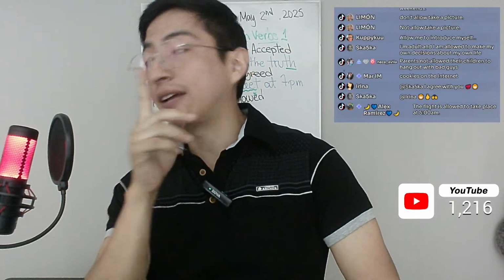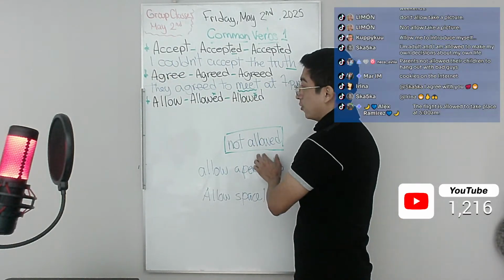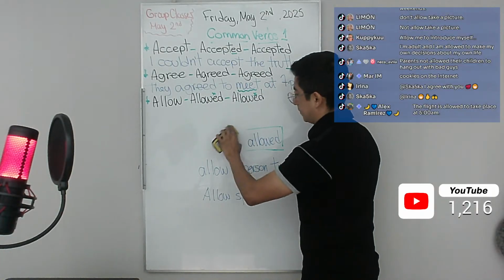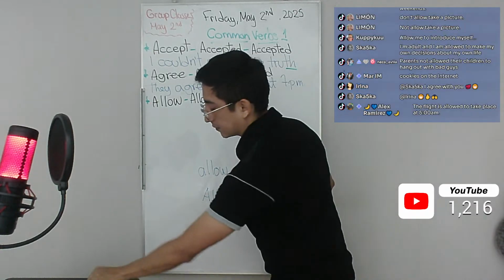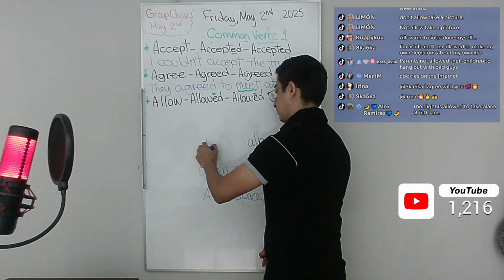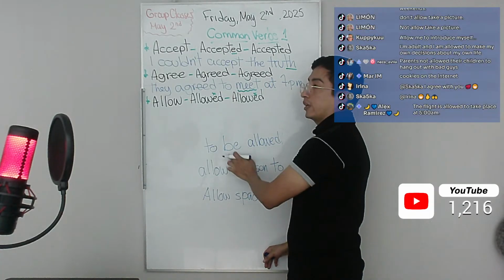Very good. Remember, guys, that when you use allowed, let's write it here: to be allowed. In this case, we can use the verb to be.